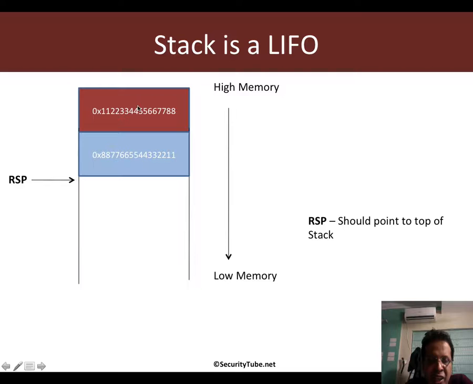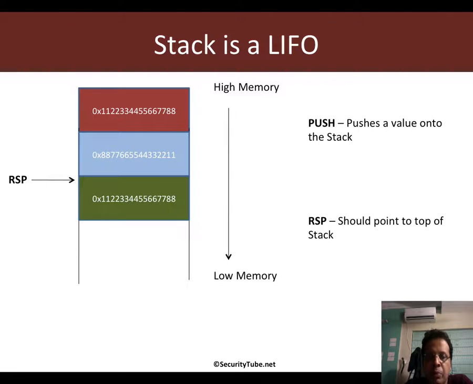What I have done here is there are two pieces of data, both of them 8 bytes long, one consisting of the value 11 22 up to 88, and the other consisting of the reverse of the previous one. When we push new data on the stack using the push instruction, RSP is automatically updated and now points 8 bytes lower in memory than where it was pointing before.